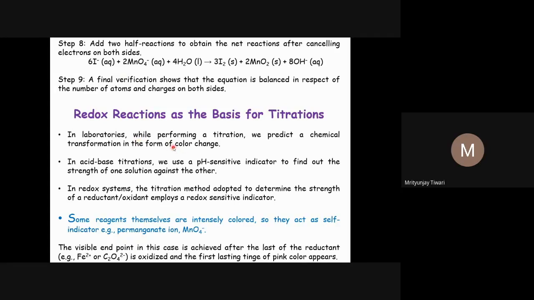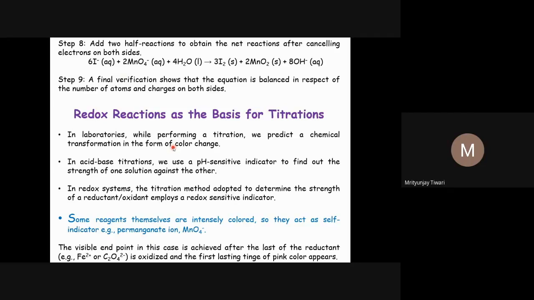So what we do in laboratories while performing a titration is predict a chemical transformation in the form of color change. In acid-base titrations, we use pH-sensitive indicators, because acid and base solutions are mostly colorless. So we add certain indicators whose color depends on the pH. The pH of the solution depends on the H plus ion and OH minus ion concentration.